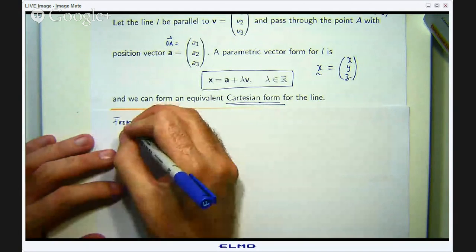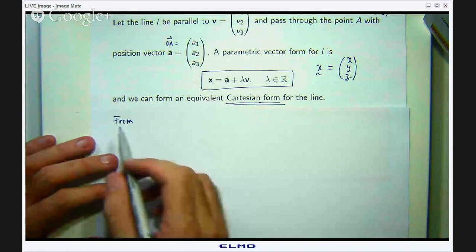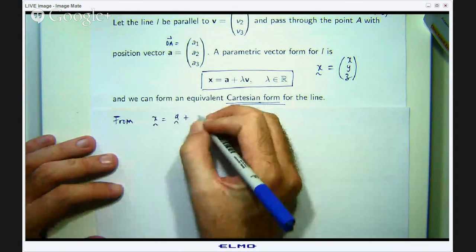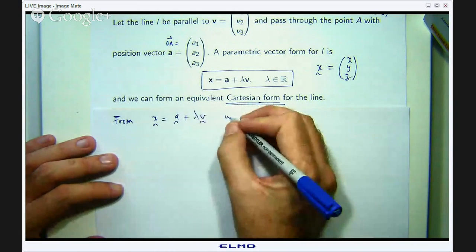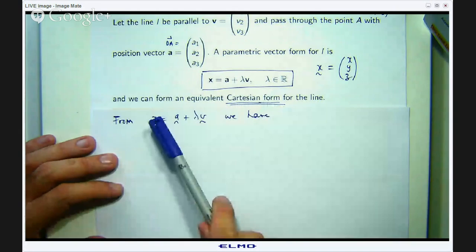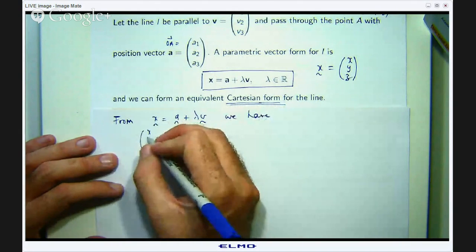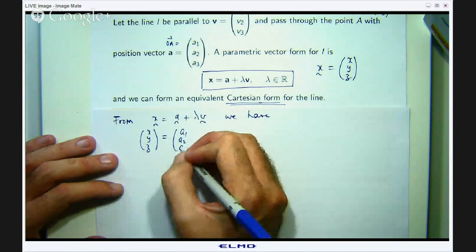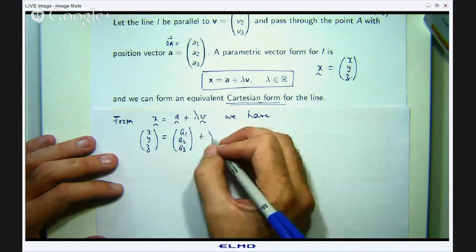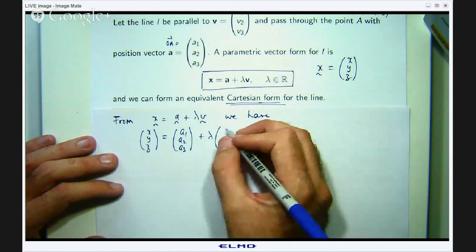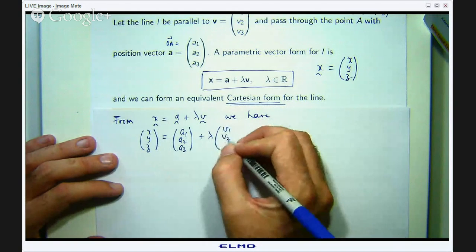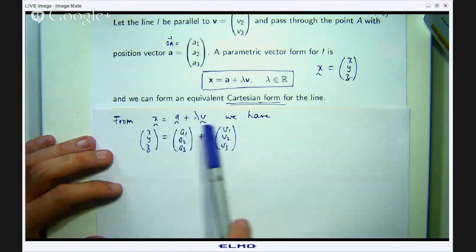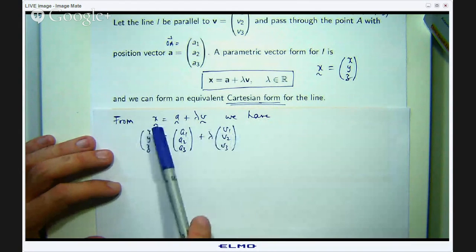Okay, so from x equals a plus lambda v, if I write these out as columns, then we get the following. Essentially, each component has to equal the corresponding component on the left and right hand side.